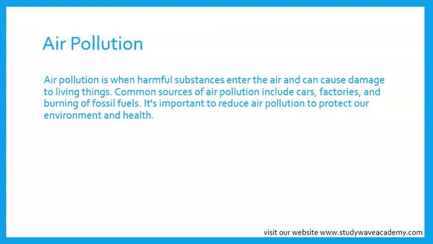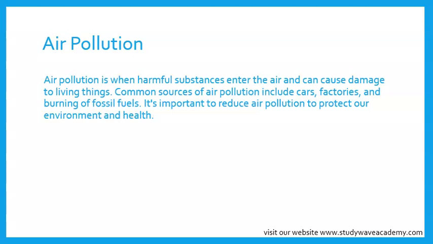Air pollution. What do we mean by air pollution? Air pollution is when harmful substances enter the air and can cause damage to living things. Common sources of air pollution include cars, factories, and burning of fossil fuels. It's important to reduce air pollution to protect our environment and health.